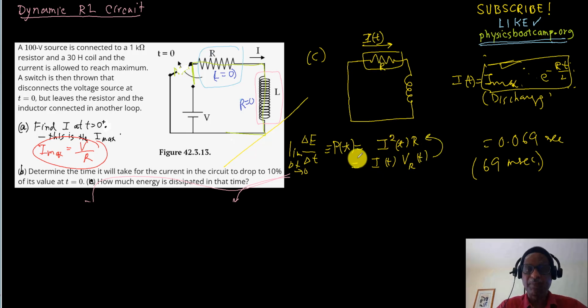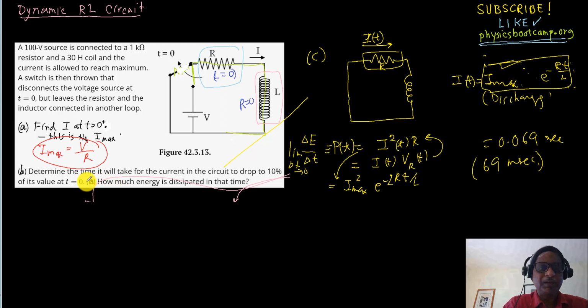So if I put that in there, that's equal to I max squared e to the power minus 2 R t over L, if I square that.